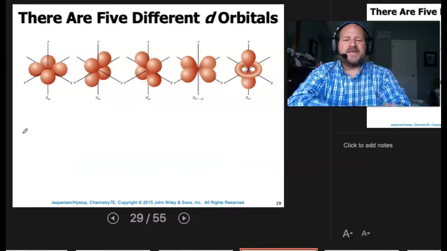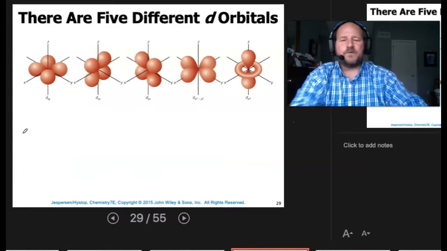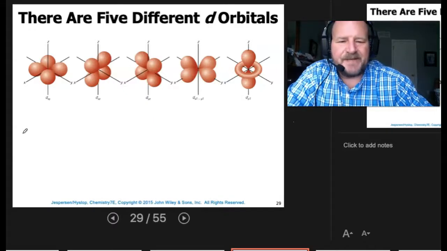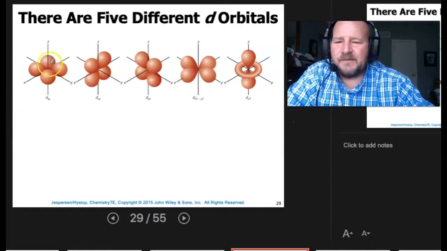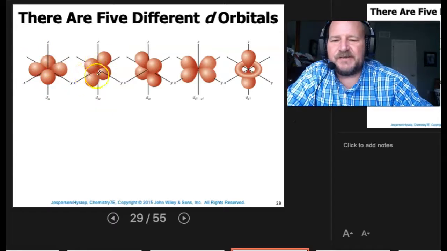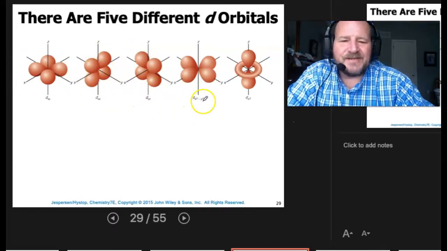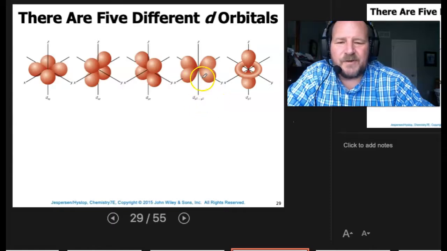All right, for d, there's going to be 5 different orbitals. You notice the lobes get a little bit crazier there, but it is that same basic shape. So first, we have the dxy, where they're lying in between the axes. We have the dxz, then a dyz. Then we have an x squared minus y squared. So now we're actually on the axes themselves.